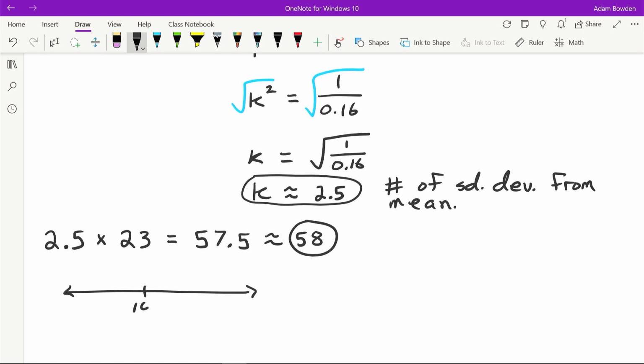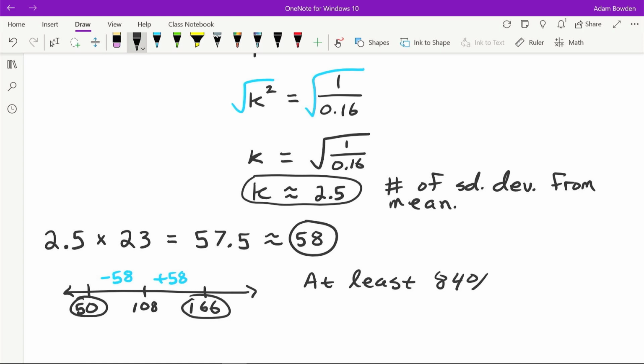So if we start with the mean in the middle, 108, and add and subtract this number, that spreads it out to 50 at the low end and 166 at the high end. So our answer is at least 84% falls between 50 and 166.